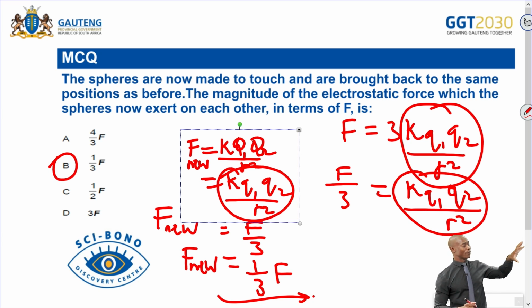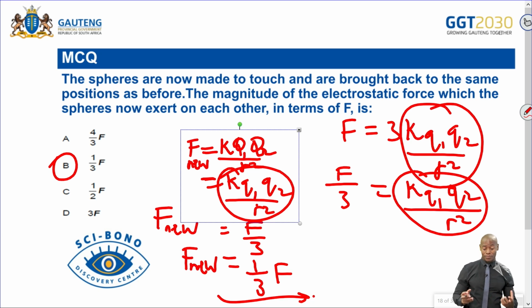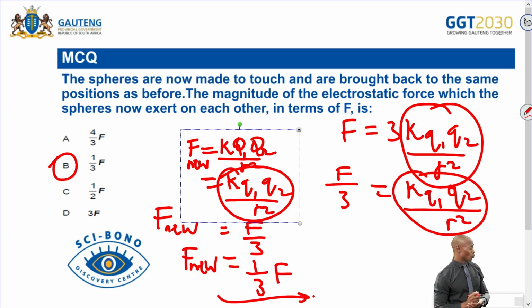Here already we are starting with a force increased by a factor of 3, and moving to a factor of 1. So it's unlike that example, but here it's just maths. These are some of the questions that you will get, and you must be able to do them.